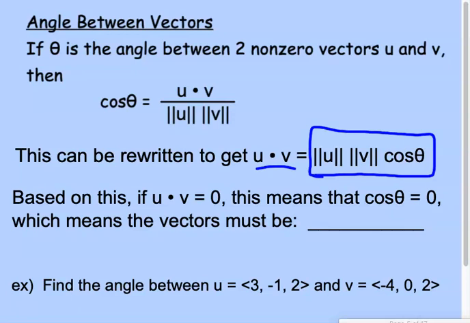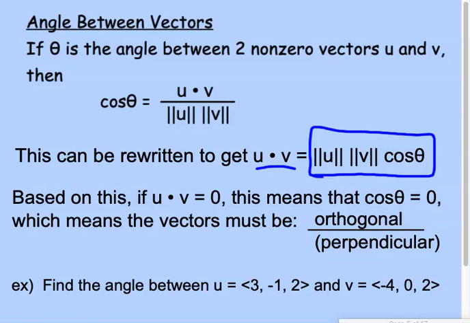Pi over 2, or 90 degrees, which means if the dot product of two vectors is 0, those vectors have to be perpendicular, or orthogonal, which is the appropriate vector world term. When you see orthogonal in vector world, that means perpendicular. Anytime you have two vectors with a dot product of 0, they are orthogonal or perpendicular.